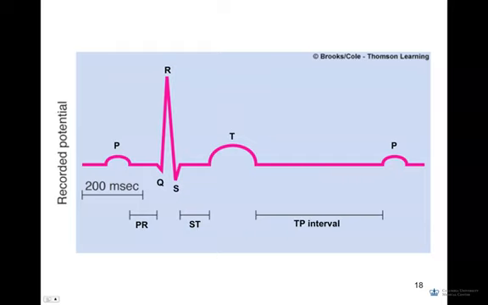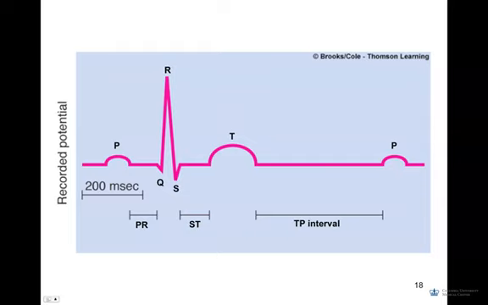So what are the PQRST waves reflecting? The P wave represents the depolarization of both atria of the heart. When the SA node fires its action potential, that action potential depolarizes both atria, and you record a P wave.